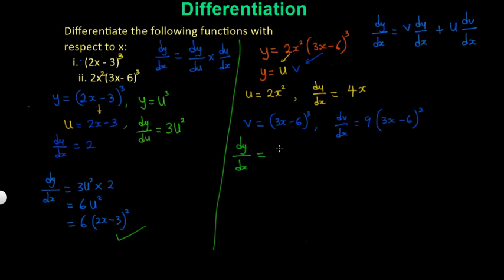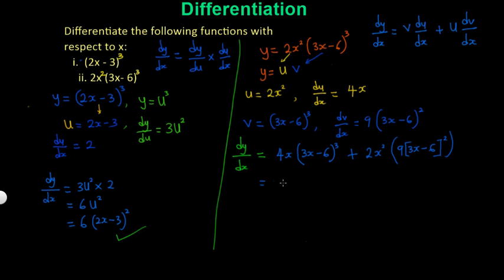So we will have 4x, that is our du/dx, multiplied by v, which is (3x minus 6) raised to the power of 3, plus what we have here, our u, 2x squared, will be multiplied by dv/dx, which is 2x squared to be multiplied by 9 times the bracket of (3x minus 6) raised to the power of 2.